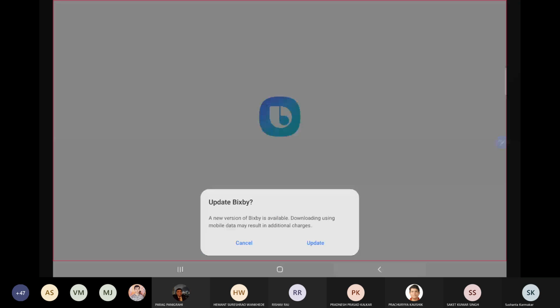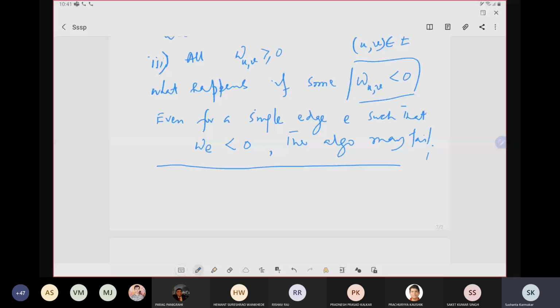So this is the reason people say that Dijkstra's algorithm may not work. See, this word is used, may not work. It is not said that it must not work or it does not work.